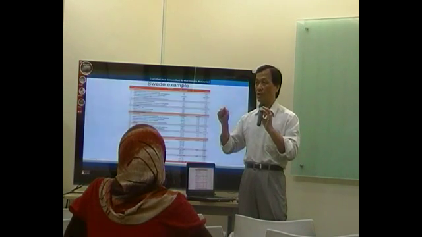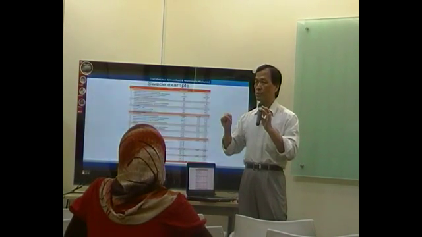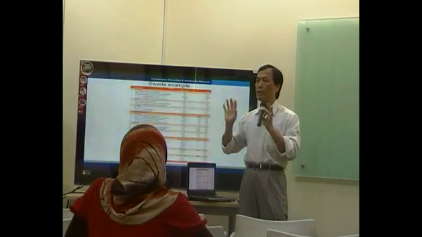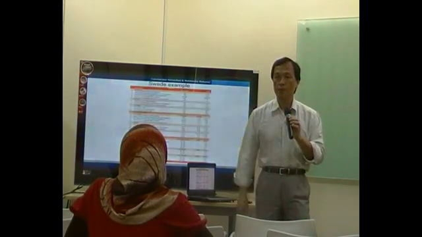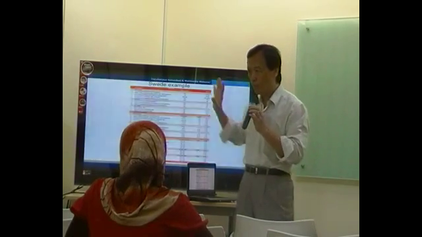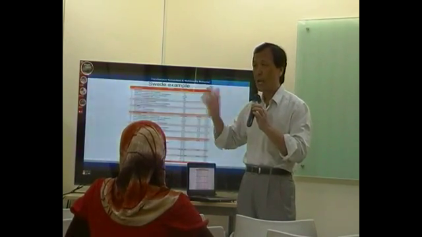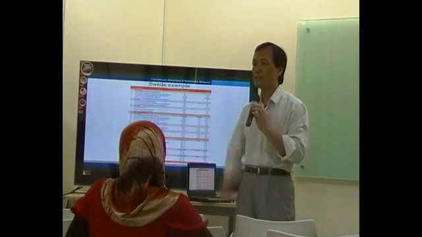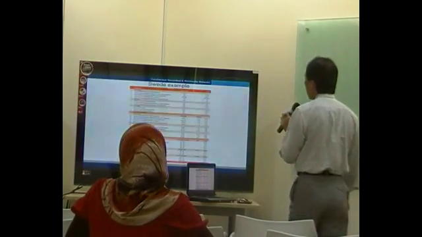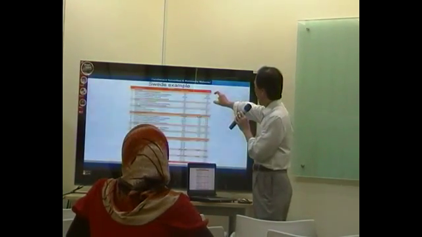Remember Australia: access, use, skills. 5 plus 3 plus 3, 11 indicators in all. So you need 11 indicators to build up your IDI and 3 sub-indices.